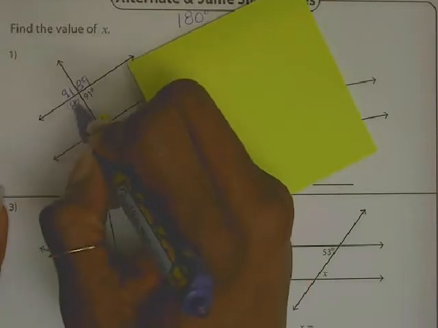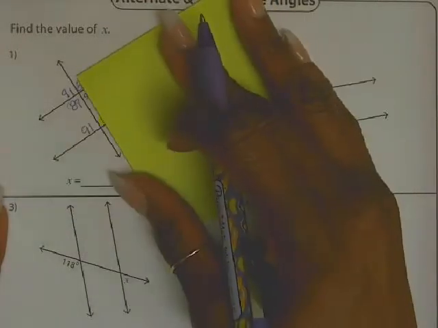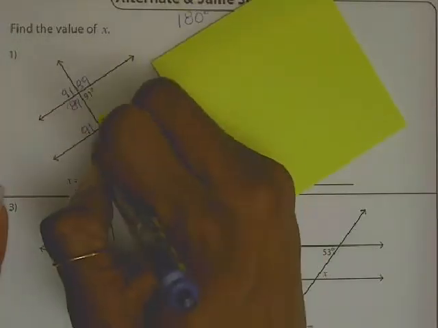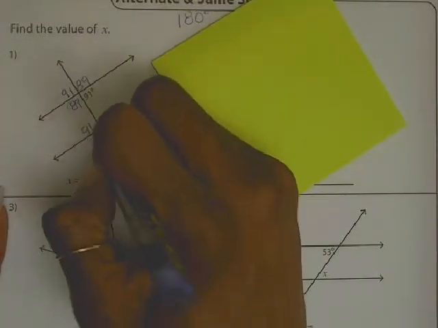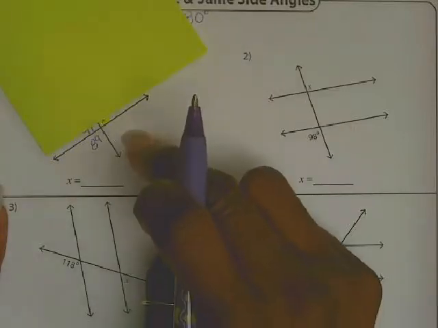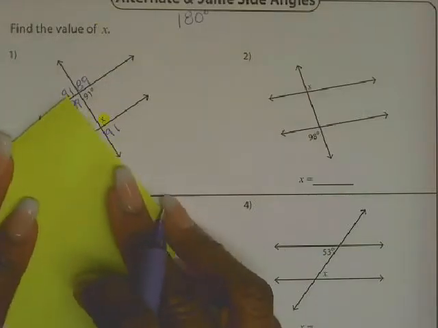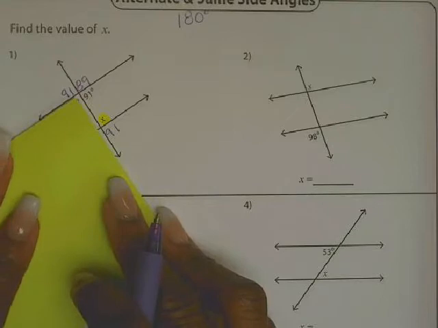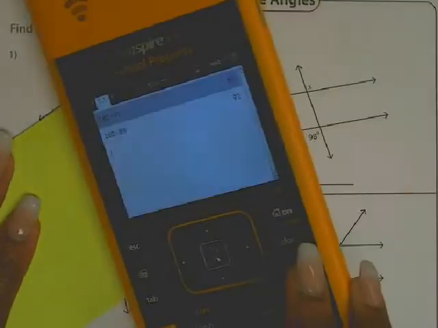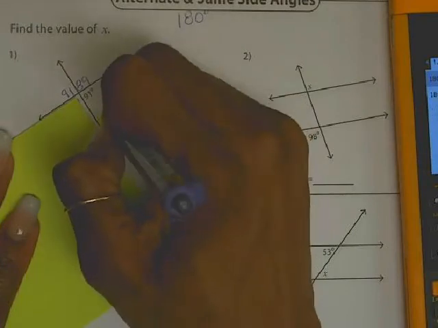If this one was 89, and again, that's a 90-degree angle, this is going to be 89. If this one is 89, this one is going to be that 91. So if that one is 91, for me to get back to 180, because remember we did them in our calculator, this one is going to be 89.